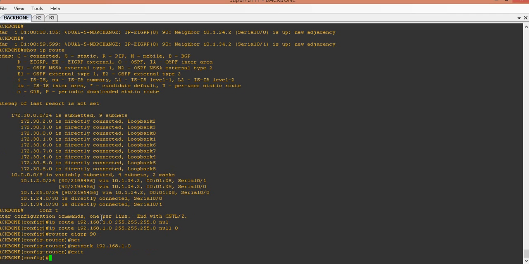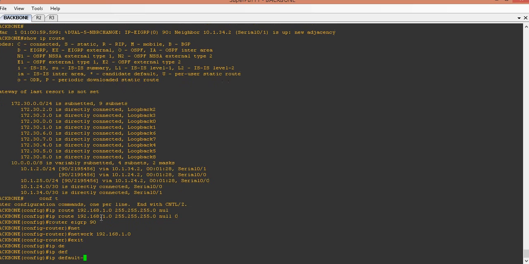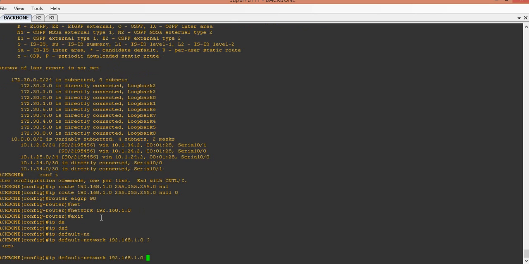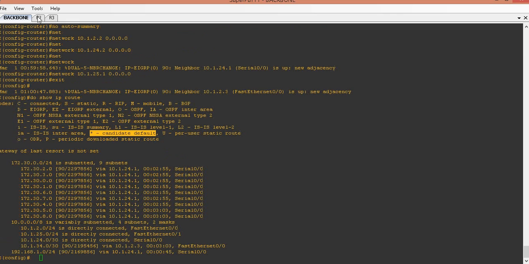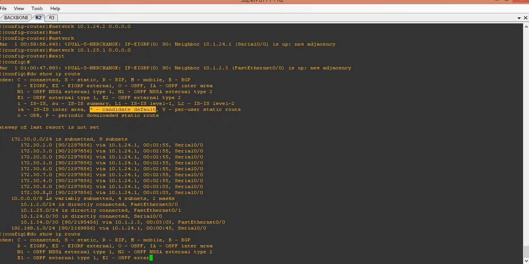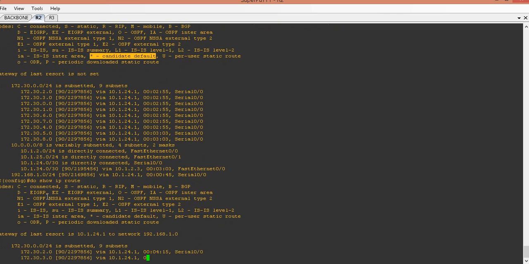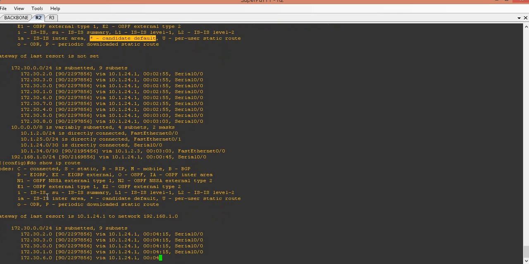Good. So I write ip default-network 192.168.10. Okay, that's it. If you go into router 2, good. That is it.